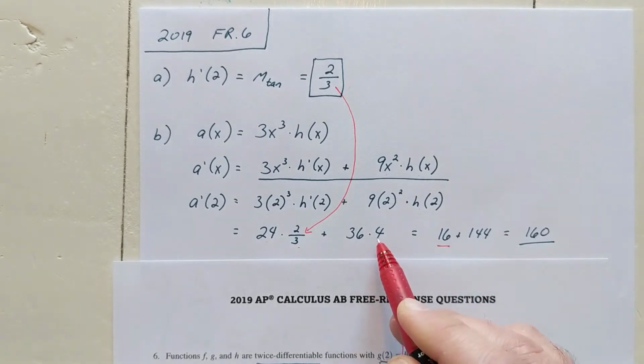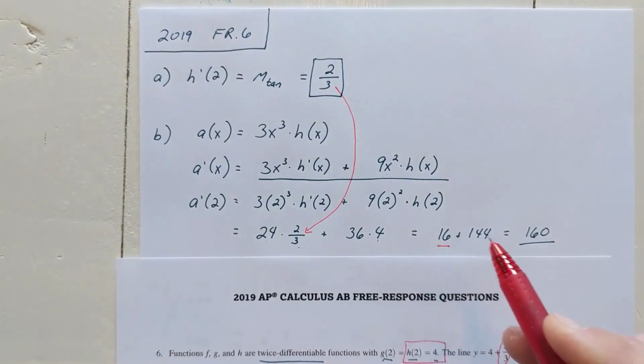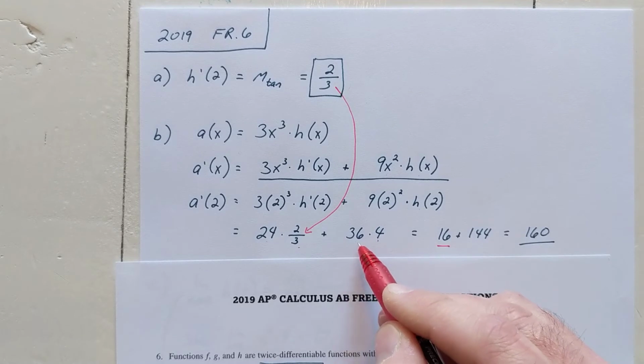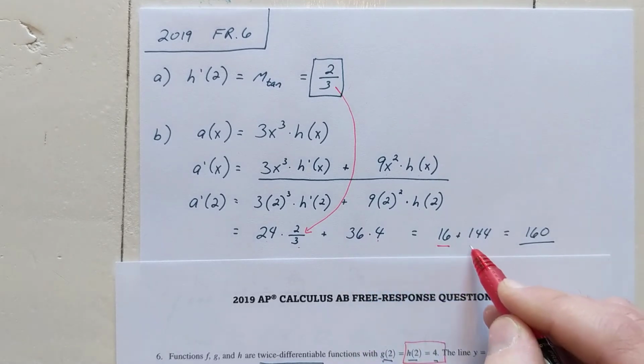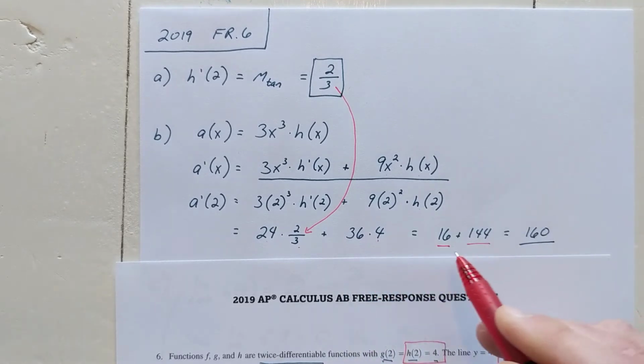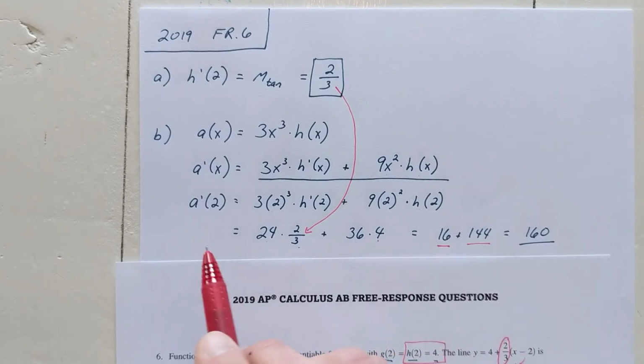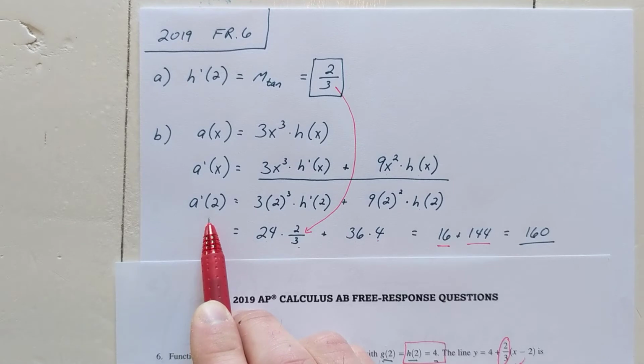The 36 times 4, remember guys, if you're bemoaning not having a calculator here, multiplying by 4 is easy. You just double the number and then double it again. 36 doubled is 72, 72 doubled is a 144, and the 16 and the 144 gets us 160 for the value then of A prime of 2.